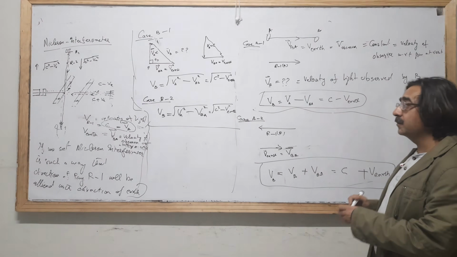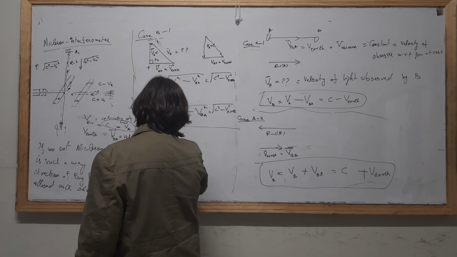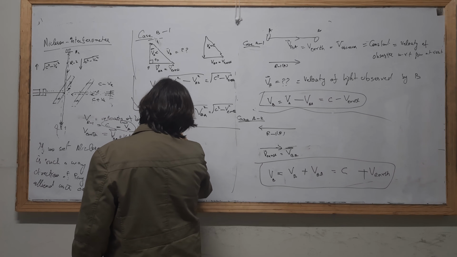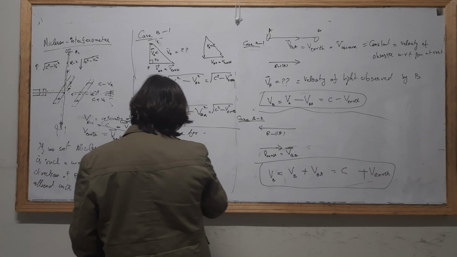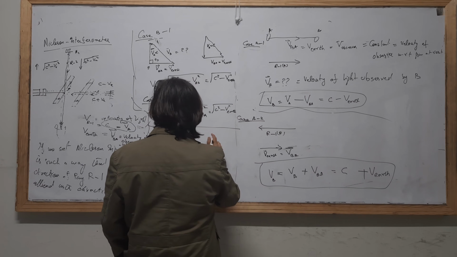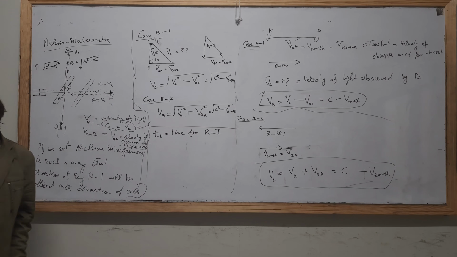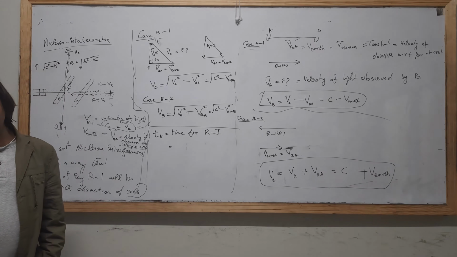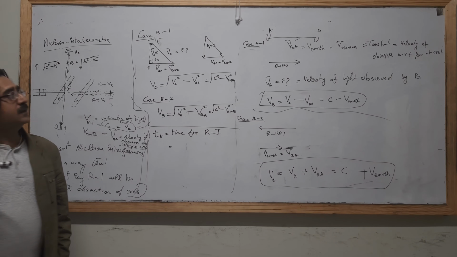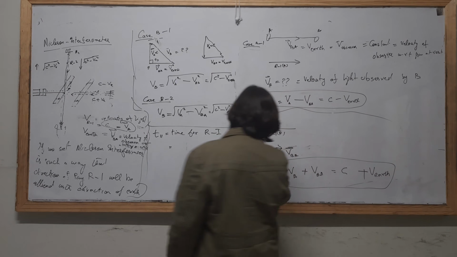So T parallel, the time for ray 1, the total distance covered. Time is defined as distance divided by velocity. What is the formula for time?